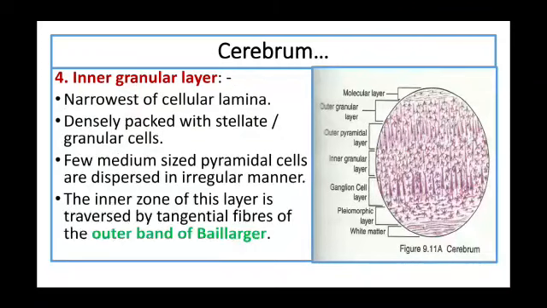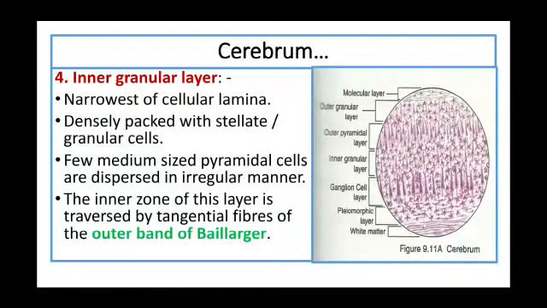Next, coming to the fourth layer, the inner granular layer. This is the narrowest of all the other layers, densely packed with stellate or granule cells. Few medium-sized pyramidal cells are dispersed in an irregular manner.